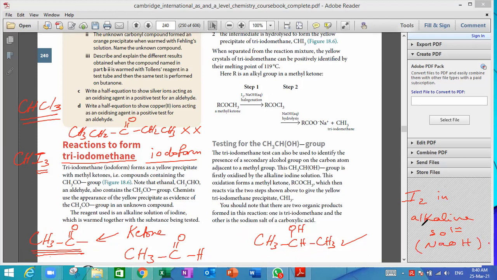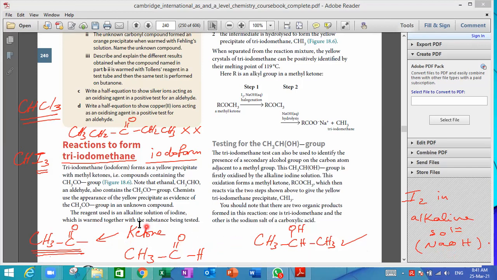We add the iodine dissolved in this alkaline solution to our compound and warm a little.